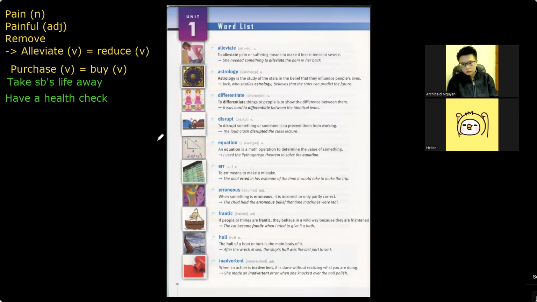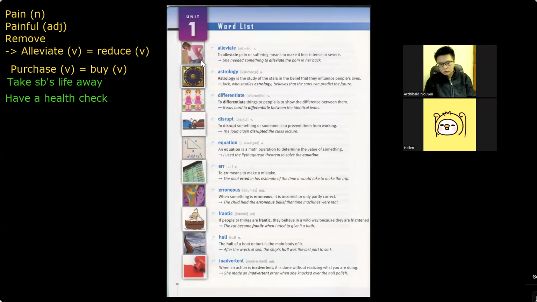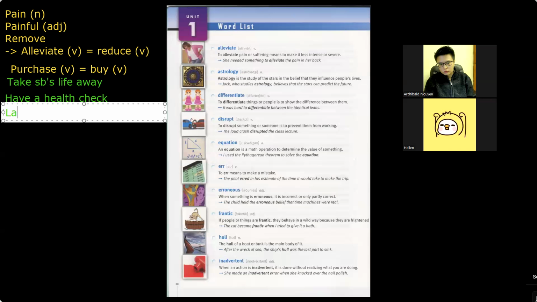Here, we have the phrase "lay somebody's trust". Will you lay your trust in medicine or astrology?